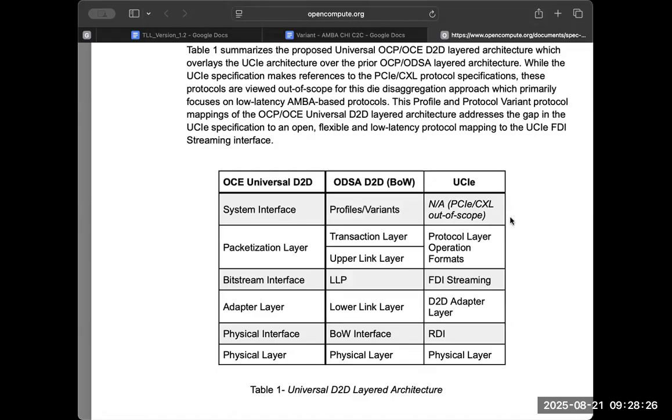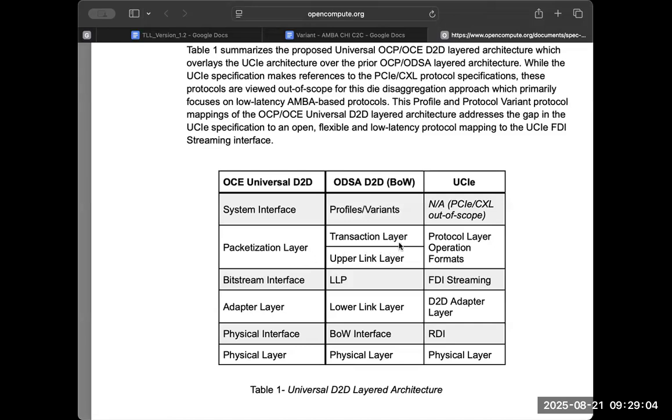But the system interface really is not addressed in UCIe other than PCIe and CXL flits that are defined in the spec. Everything else is out of scope. And so this gives us an opportunity to do these profiles and variant mappings to higher level protocols. ARM, the C2C protocol is essentially a variant, and it's how it maps to the flits, the UCIe flits, FDI flits.